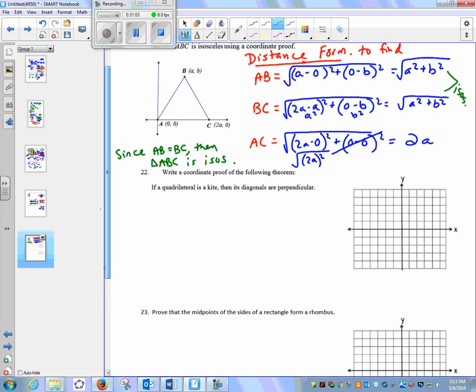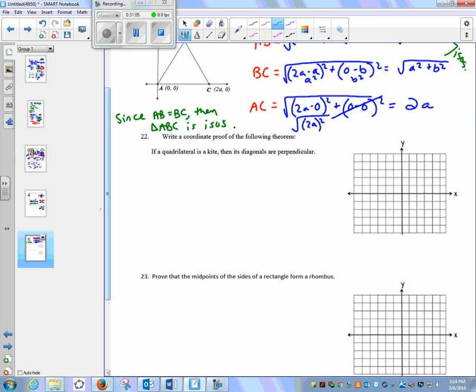Alright, 22, write a coordinate proof of the following theorem. If a quadrilateral is a kite, then its diagonals are perpendicular. So we practiced placing a kite before. In this coordinate proof, you're in charge of naming the coordinates. In order for your algebra to work out, you've got to make sure that you pick coordinates that make sense for the shape that you want.